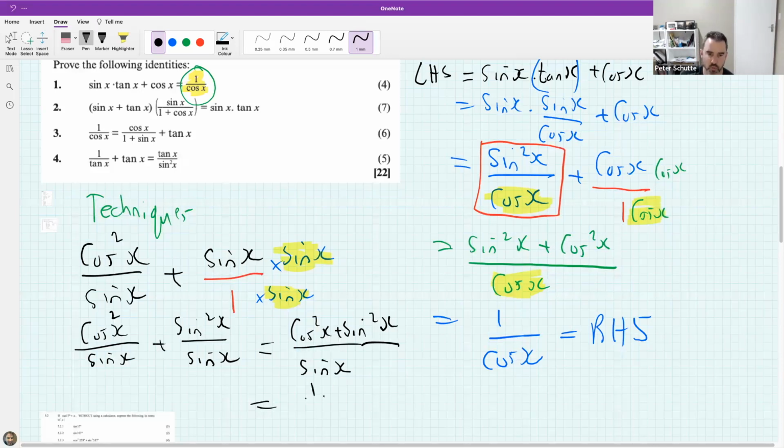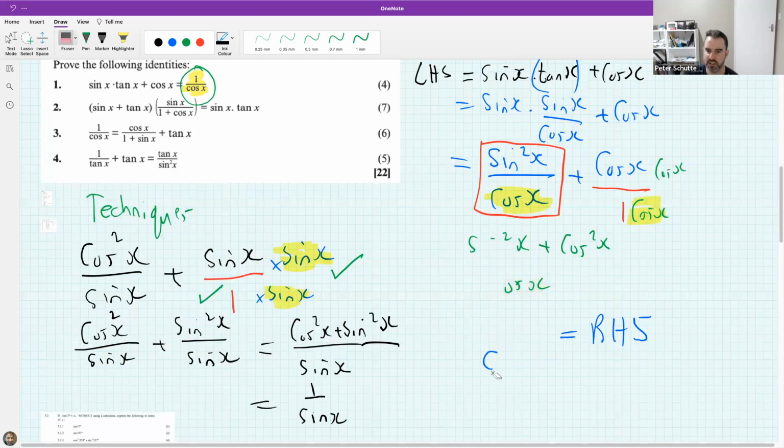It's the same as 1. And so this whole thing will be 1 over sine x. So I really want to point your attention to the first trick being put it over 1, the second trick being multiplying the top and bottom by the same thing to create a denominator. That's the first little technique that I want to make you aware of.